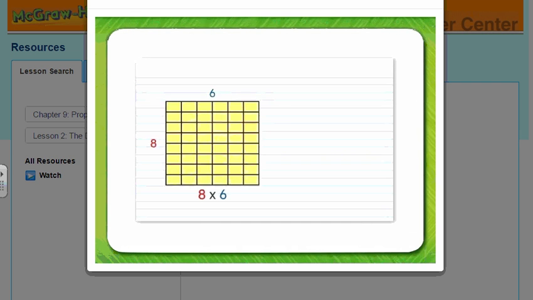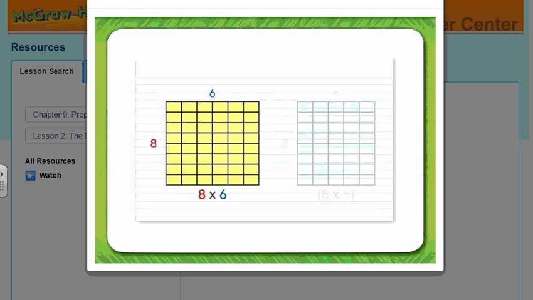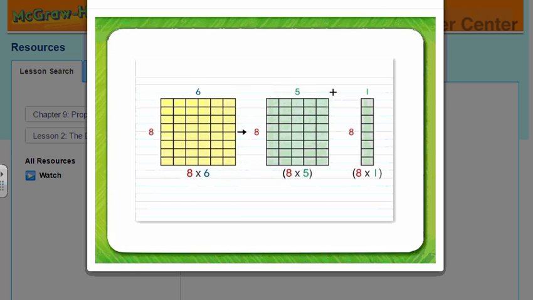First, let's model 8 times 6 using an array. Since 8 times 5 and 8 times 1 are easier to work with, let's decompose 6 into 5 and 1. Now we can find 8 times 5 and 8 times 1. 8 times 5 is equal to 40, and 8 times 1 is 8. Next, add the products together. 40 plus 8 equals 48.